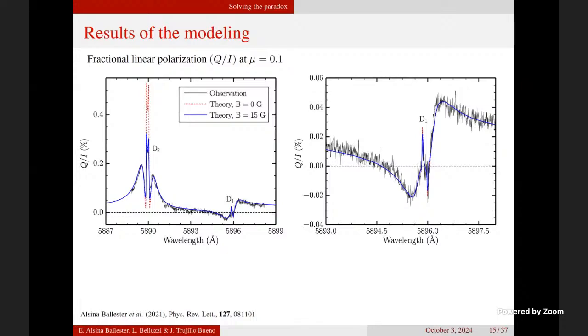After Egidio published in Nature the letter and established the paradox, other groups decided to make laboratory experiments with a potassium cell, not with sodium, for technical reasons. They took a potassium cell, and then they illuminated it anisotropically with a laser.